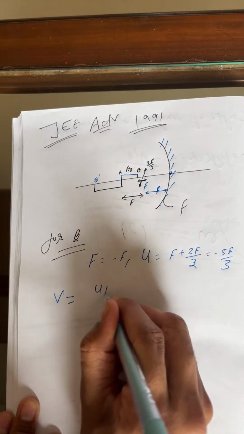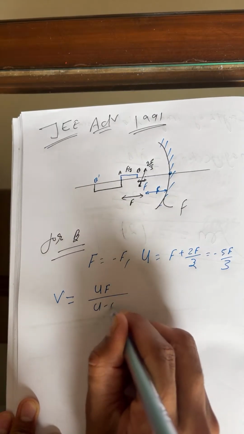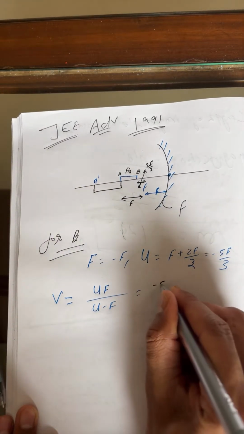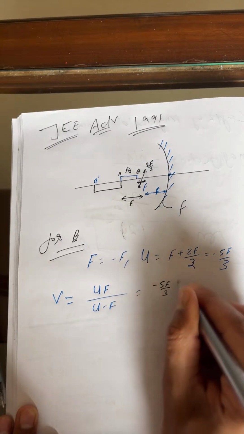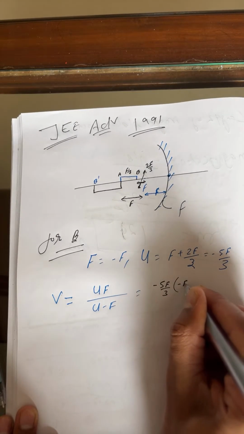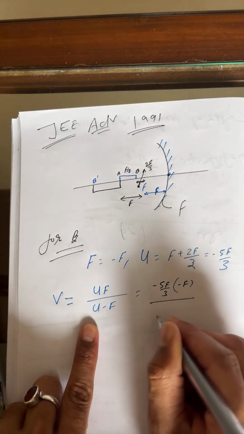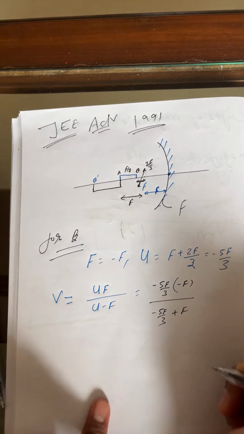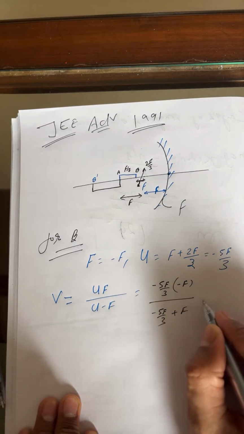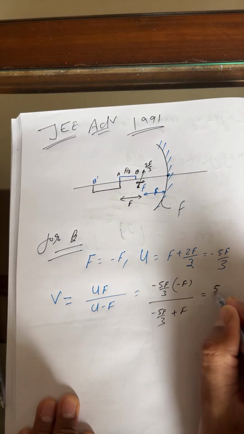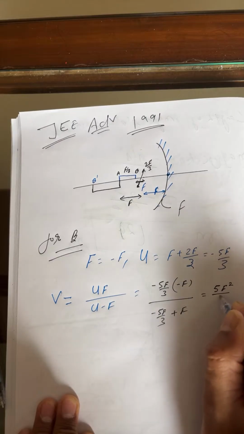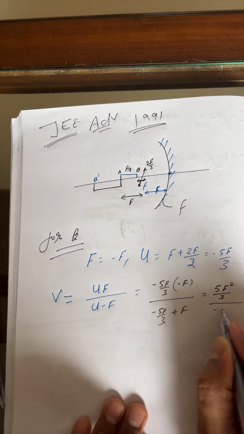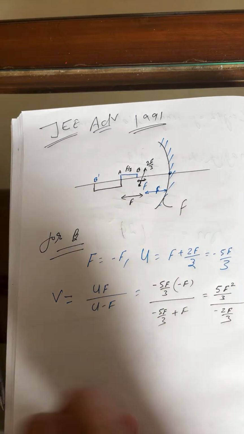I hope all of you remember the formula: V equals U into F upon U minus F. Just fit in the values: U is minus 5F by 3 and focal length is minus F. This gives minus 5F squared by 3 upon minus 2F by 3.